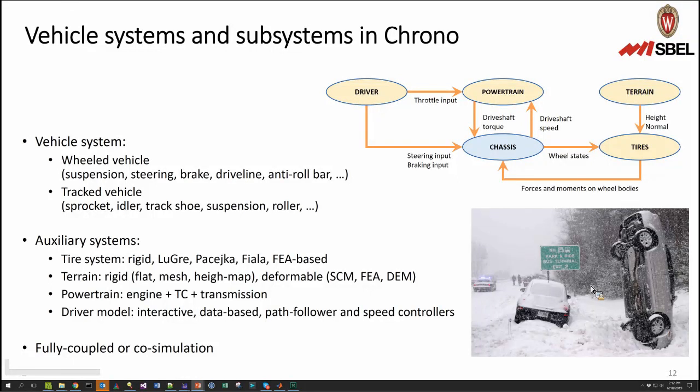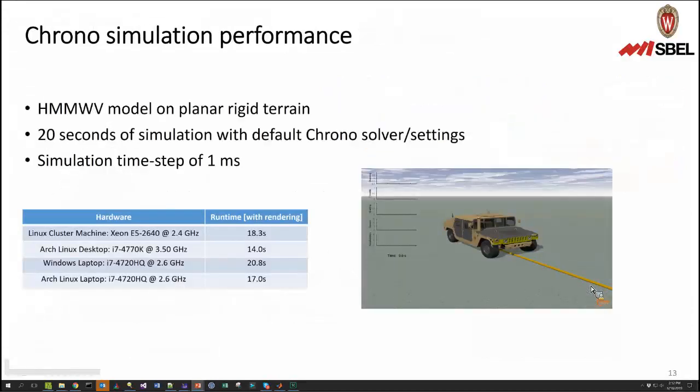We're interested in handling geometry accurately. In other words, a vehicle for us is not simply a point mass that has a certain mass and perhaps some mass moment of inertia associated with it, but it has a geometry and it can interact with the surrounding environment.